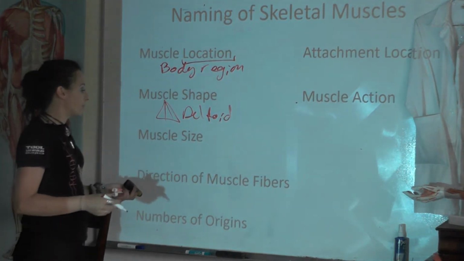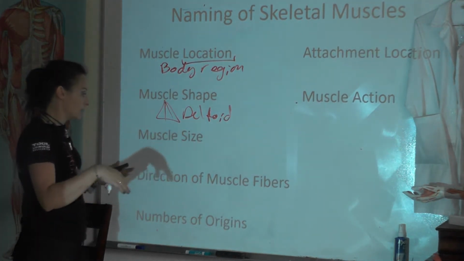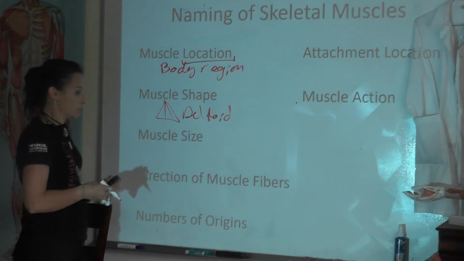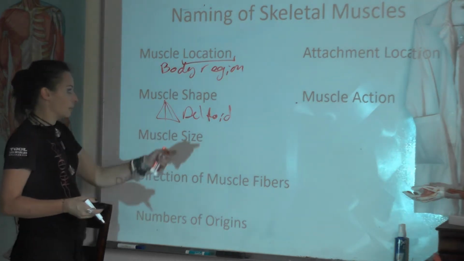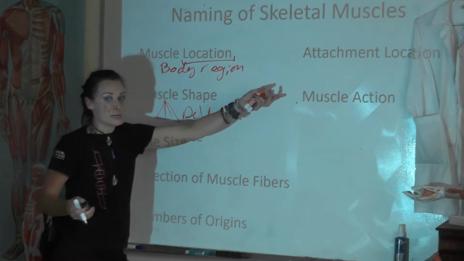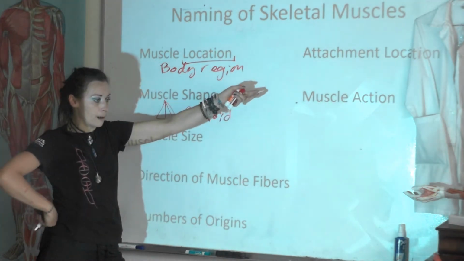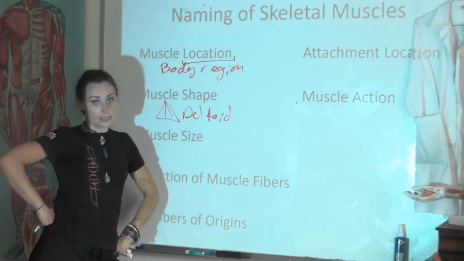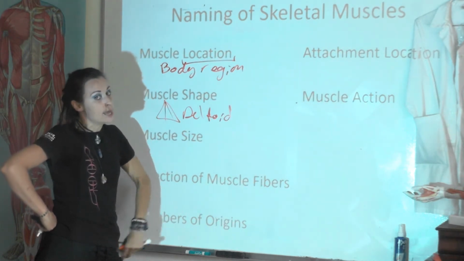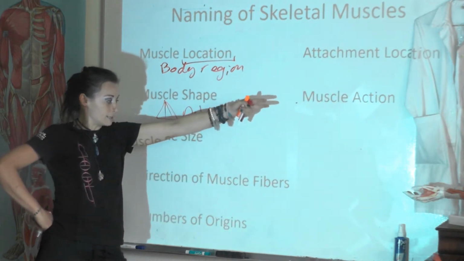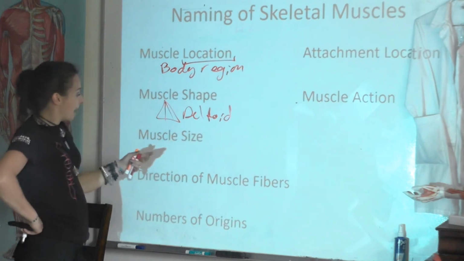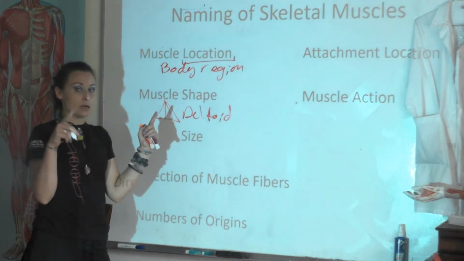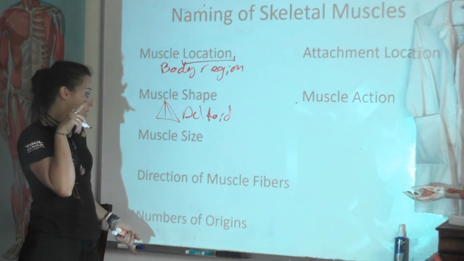Okay. Muscle size. So if you have muscles that you find in similar body regions or doing similar things, like your adductors. In lab, you probably learned about adductor longus and magnus flanking gracilis. And adductor is its action. Magnus is the wide one. Longus is the long one.